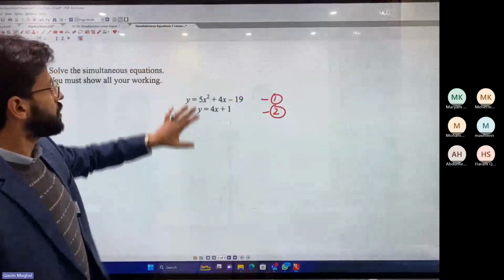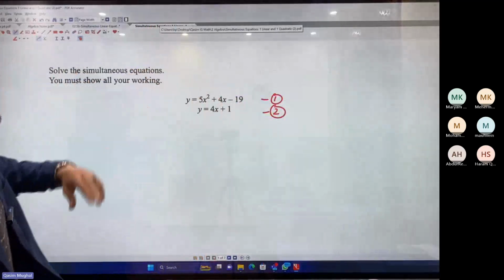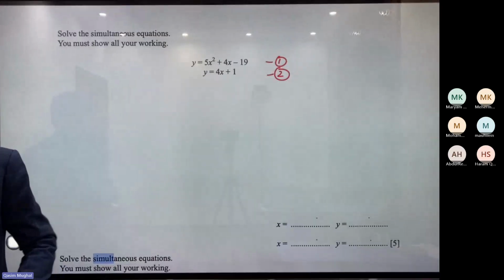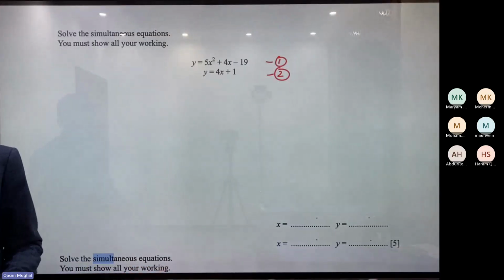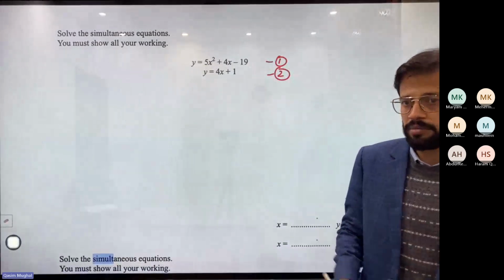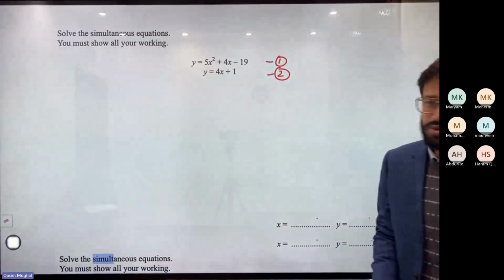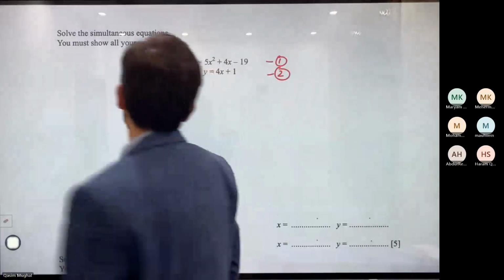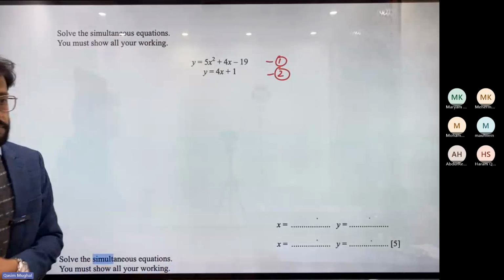Now, if you look at this equation, what's a good thing about it? Y is already the subject. So the hard work has been done for you. I don't know why many students find it really hard to make a variable the subject, but in context of students, hard work, half of the job is already done for you. So all you have to do is substitute.